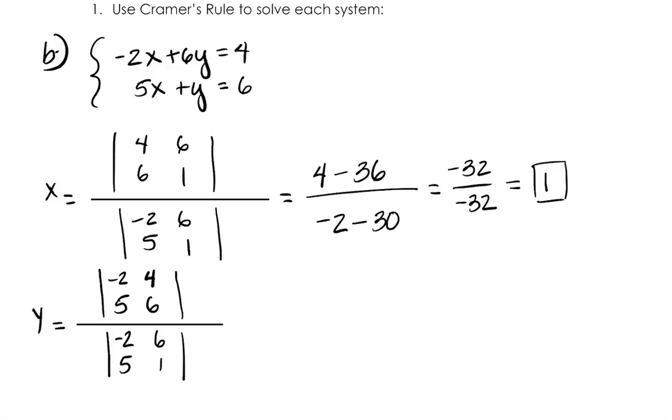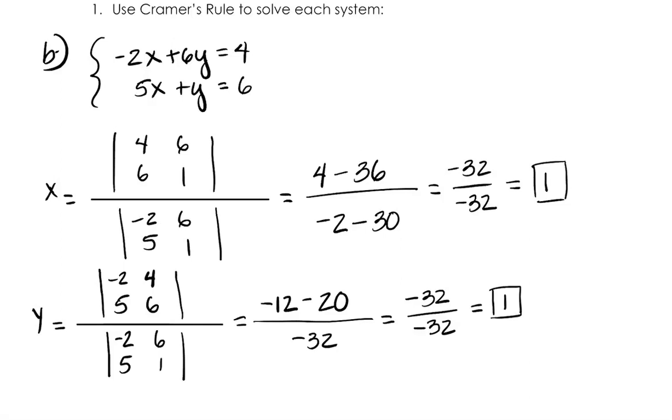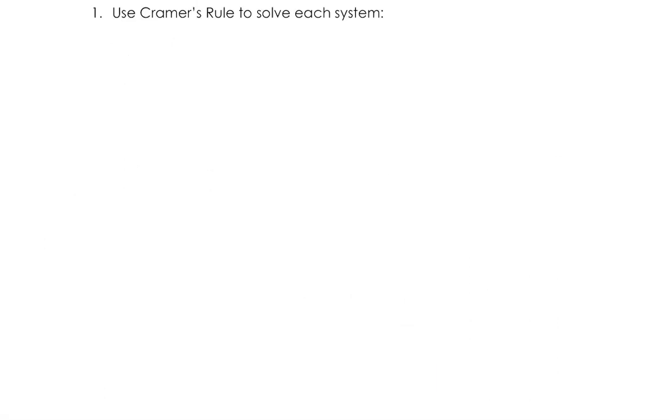Let's solve the determinants. -2 times 6 equals -12 minus 5 times 4 equals 20 over the determinant of the system, which is -32, and we get that -12 minus 20 is -32 over -32, which is 1. So the solution to this system is x equals 1 and y equals 1.